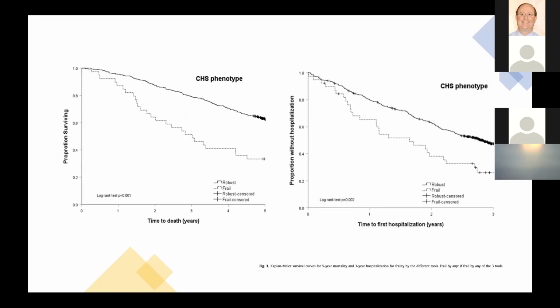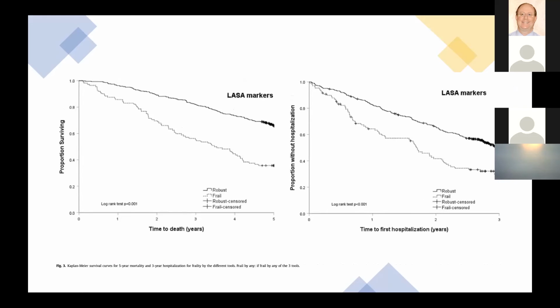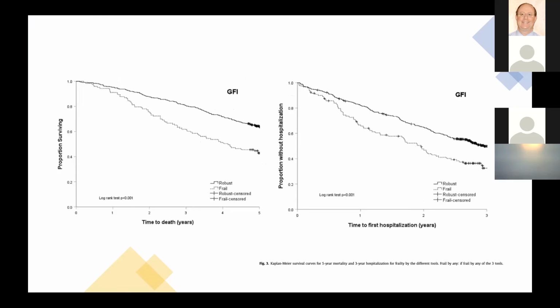When you break down each tool by itself, the darker line represents those who are robust and healthy, while the dotted line represents those who are frail. For time to death and time to first hospitalization, as we move through the different tools, we see a similar pattern with all of them.